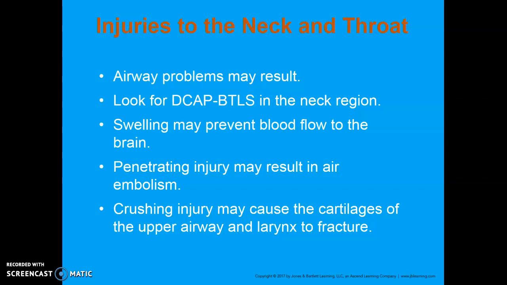Remember that tracheal deviation is not clear up at the thyroid cartilage, it's down at the suprasternal notch. Any swelling in the neck is not just going to affect your airway, but it can actually prevent blood flow to the brain as well. Any penetrating injury may result in an air embolism. In order to protect from this, we're going to use occlusive dressings, and we'll talk about that a little bit more in subsequent chapters.